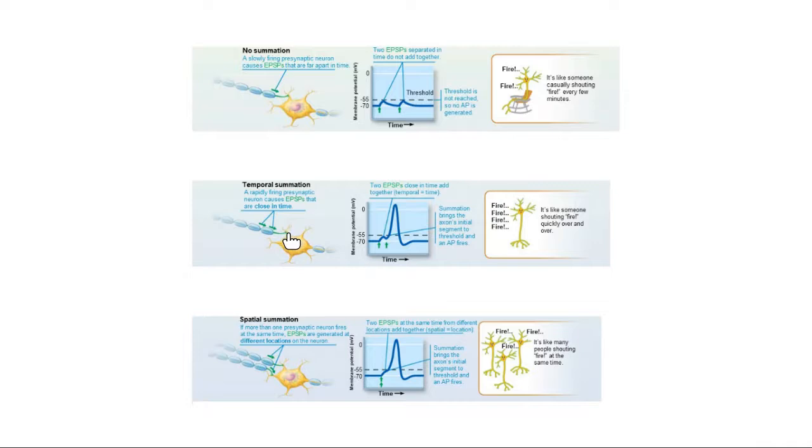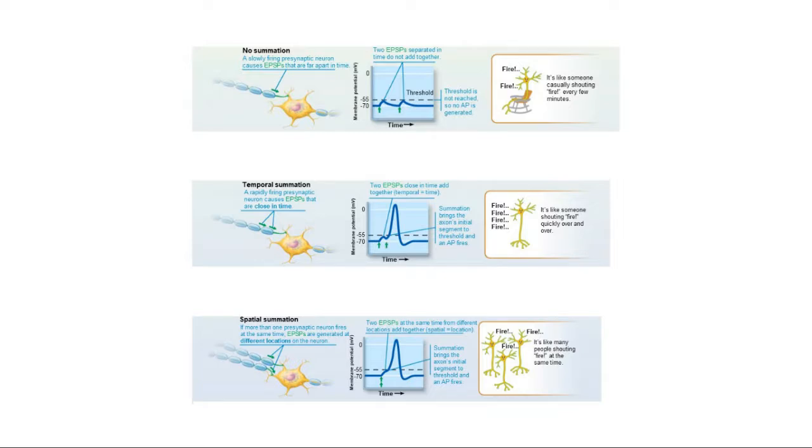Those neurotransmitters came down, and at this point, they opened up some chemically gated channels. And then at this point, they opened up more chemically gated channels.